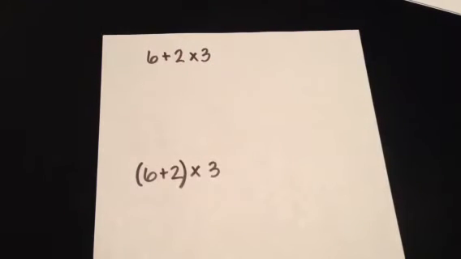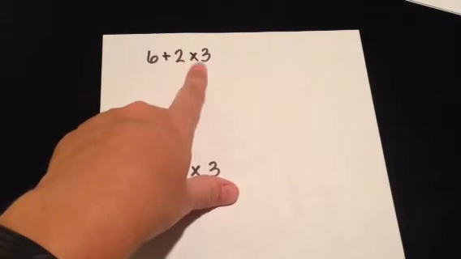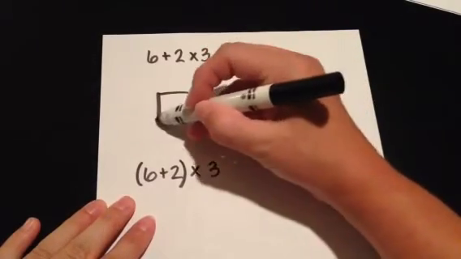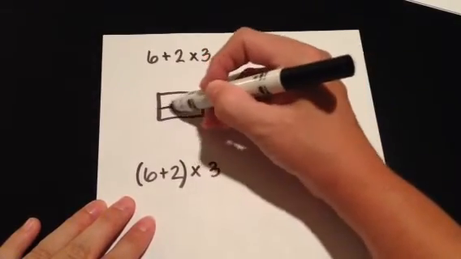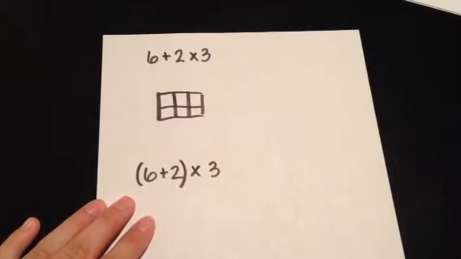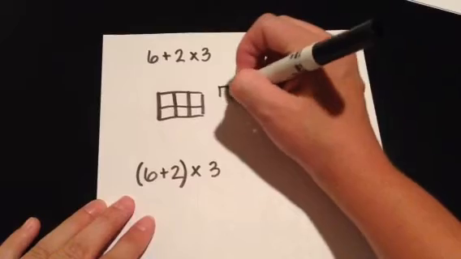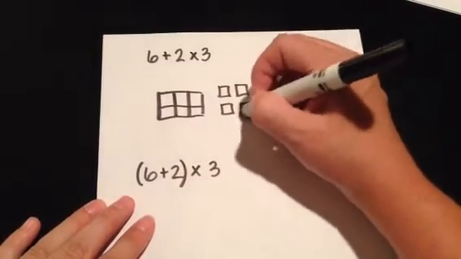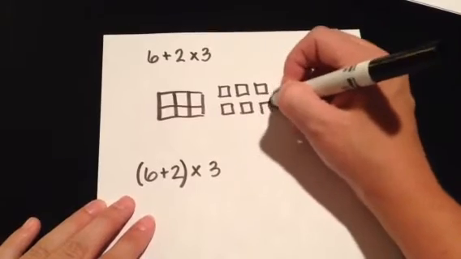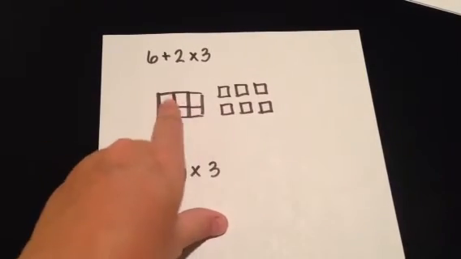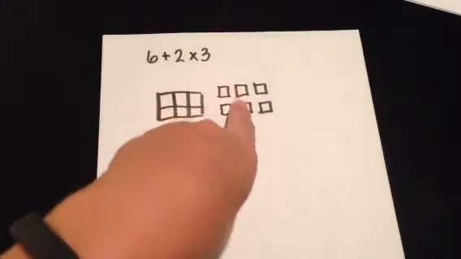There aren't any parentheses, so I would do this 2 times 3 first, meaning I needed to show an array that is 2 times 3, but then I also need to have six squares. So we have 2 times 3 plus the 6 squares.